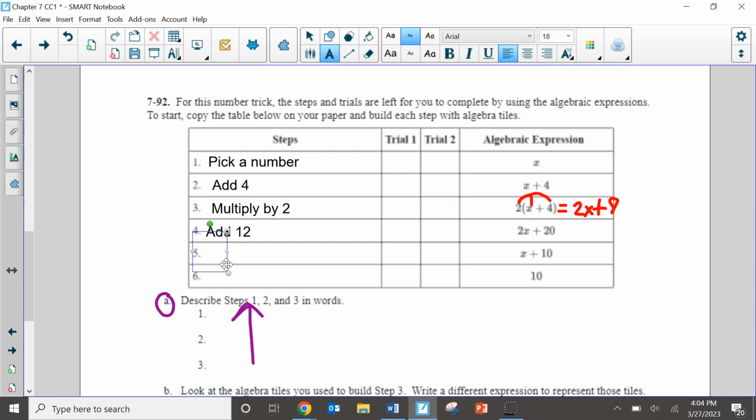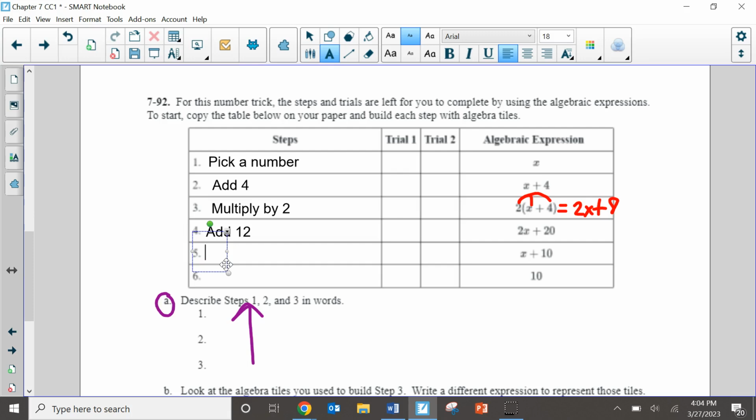Then from here, okay, I went from a 2x plus 20 to just an x plus 20. So I got that x by itself. And I got to figure out, okay, what did I do there? Okay, well, 2x really means 2 times whatever x is. So in order to get x by itself, I need to undo that multiplication, which means I divided.